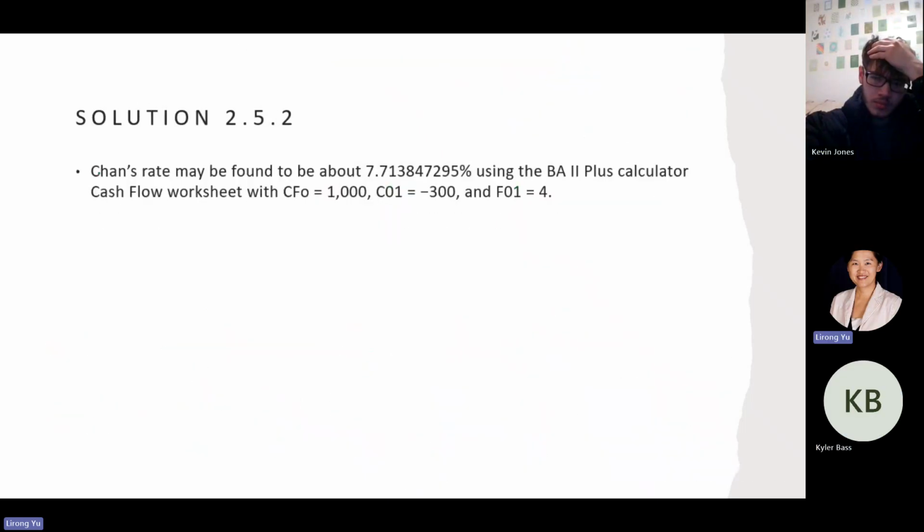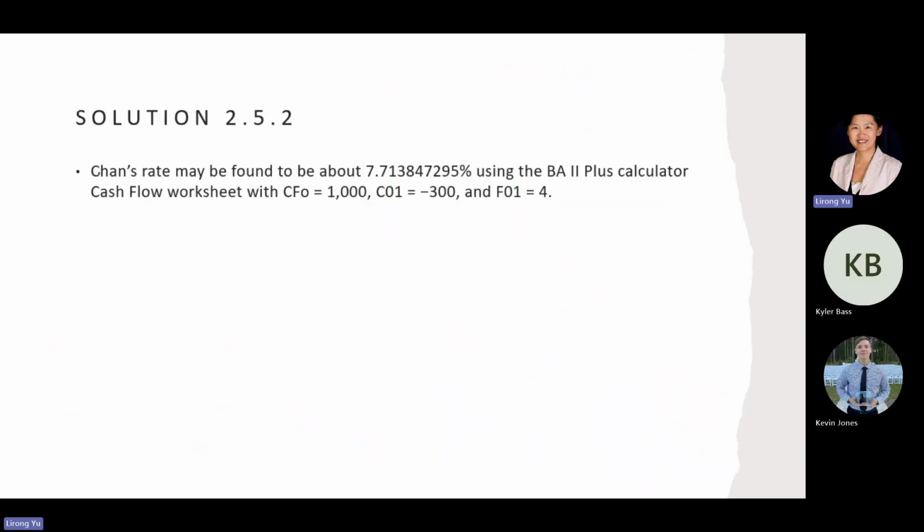All right, so this one we actually have a numerical solution using the BA II Plus calculator. Chen's rate of return is about 3.71%. What we are doing is entering cash flow at time 0 is 1,000, C1 is negative 300, and that's being repeated 4 times. So the frequency for C01 is 4. That's all we have to do.